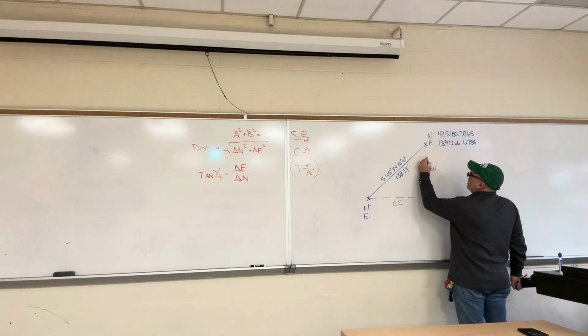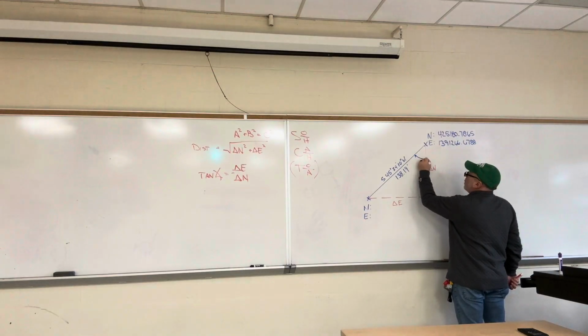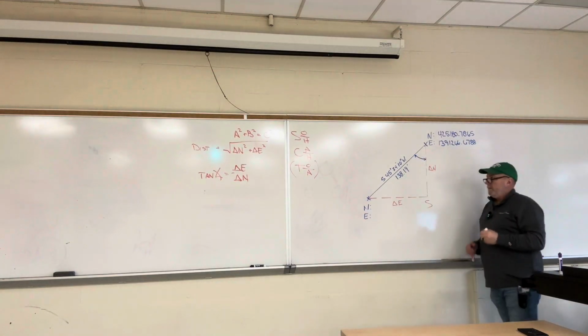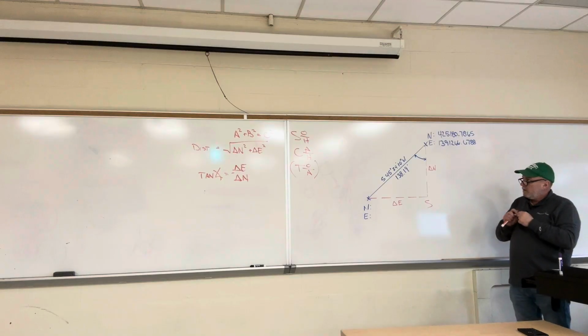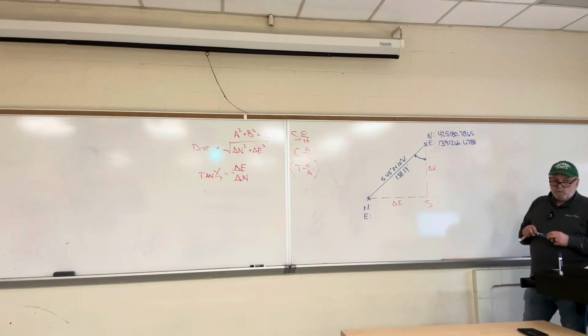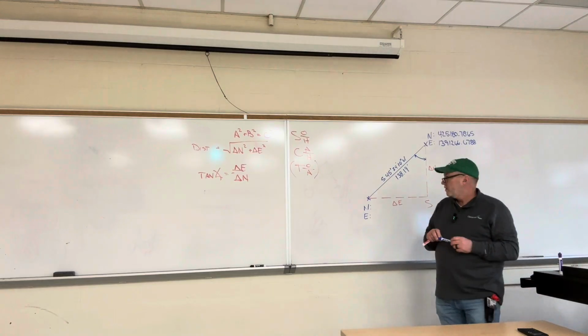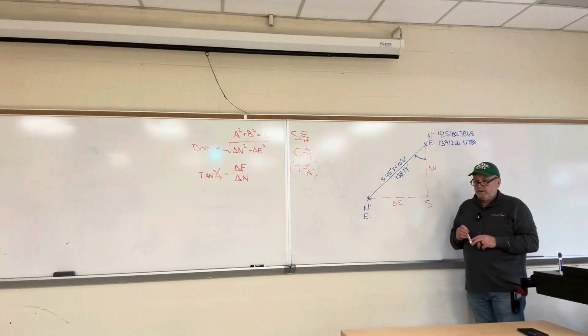So I know my bearing is this angle from the south line over. What to do, what to do, what to do. What do we want to solve for first? The easting or the northing?